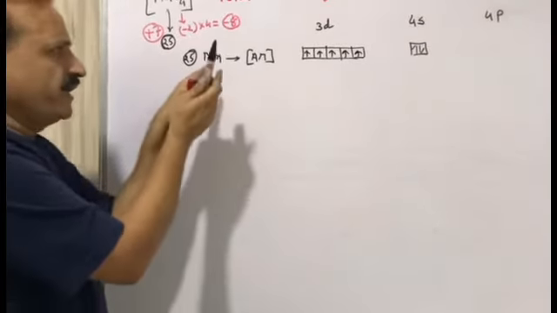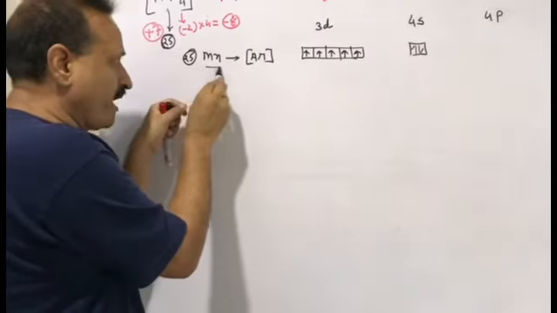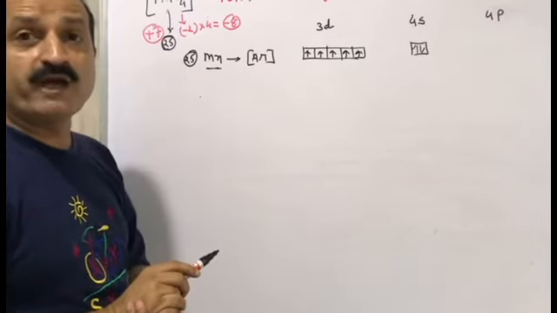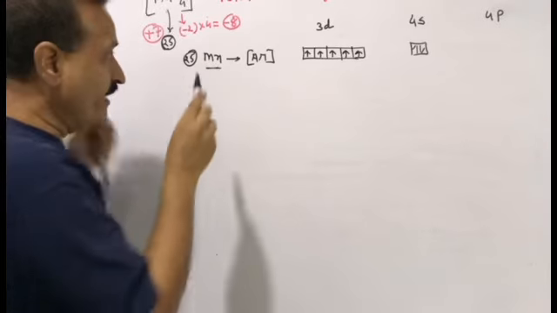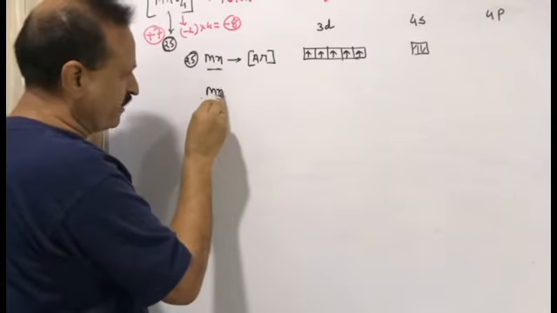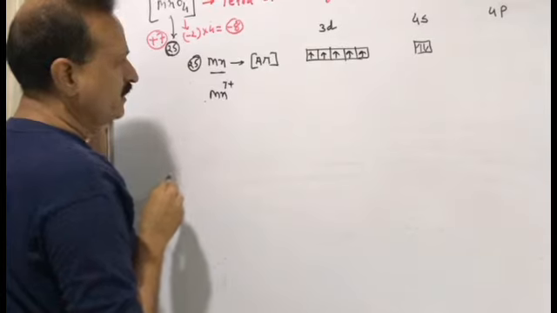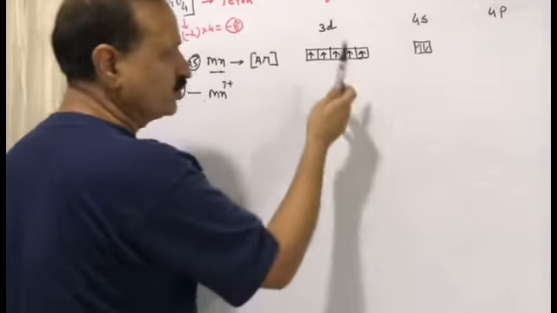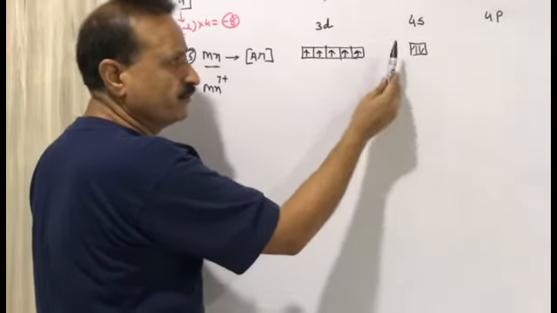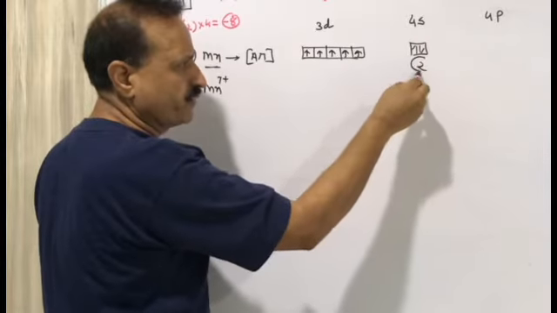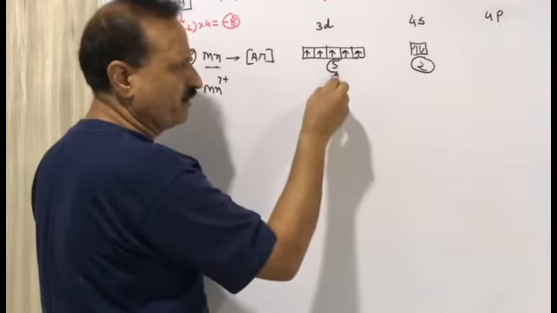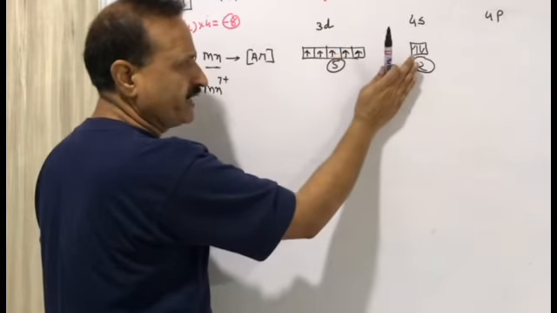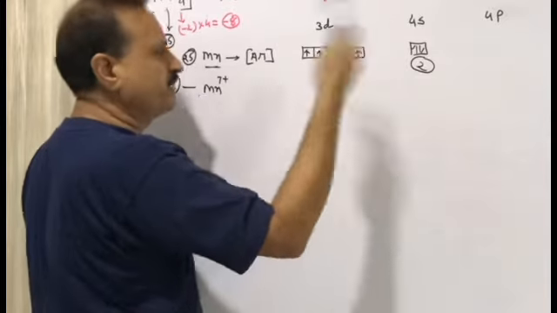So this is the electronic configuration of Mn, not Mn plus 7. We have filled 25 electrons. Now for Mn plus 7, we have to fill only 18 electrons. So 7 electrons will be lost: 2 electrons from 4s and 5 electrons from 3d. So all the d suborbitals and the s orbital will remain totally vacant.